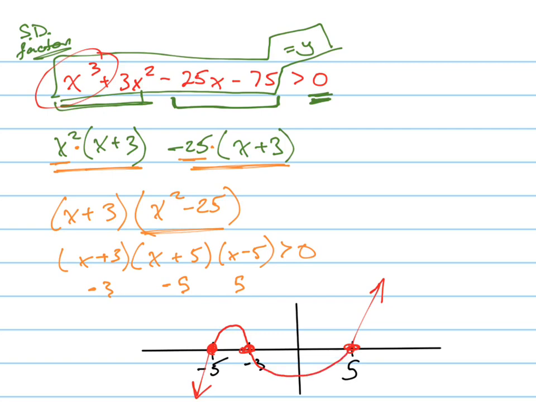So where is it positive? This value is positive here, and also all of that. So it's positive between negative 5 and negative 3 inclusive, and then positive 5 inclusive to infinity. And there's your answer.